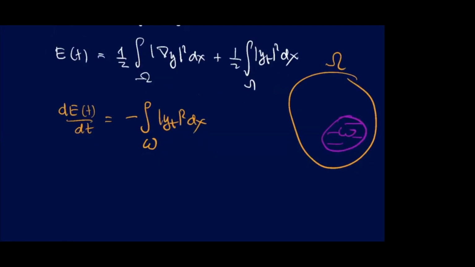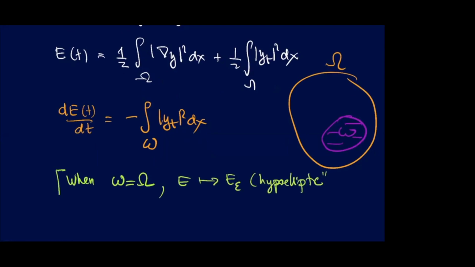What we have seen yesterday is that when small omega is the whole domain capital Omega, an argument in which we modify, using hypoellipticity ideas, we augment the energy from E into E epsilon.